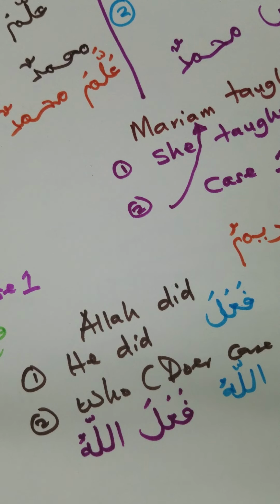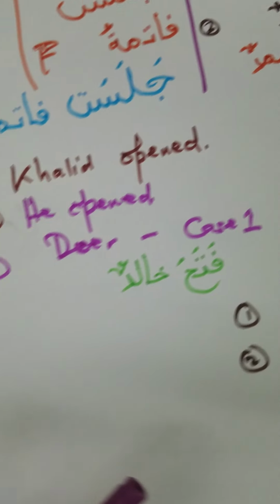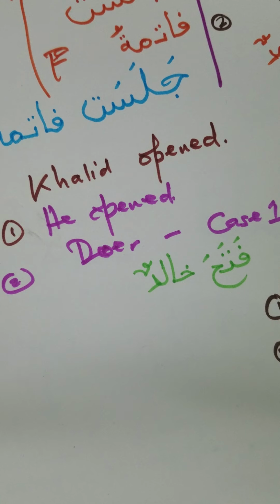Okay, so help me with only one thing today. When we say translate Khalid opened, in our step-by-step approach, you will bring the verb first and bring the verb along with the pronoun. In this case, we're talking about Khalid.